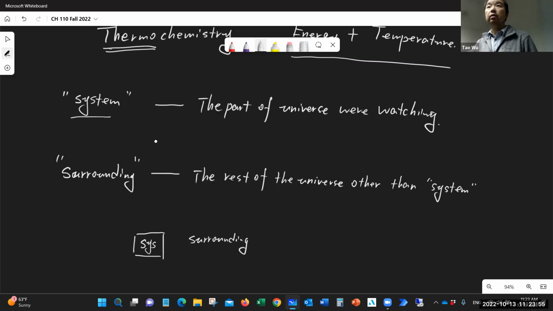The rest is the surrounding. Does it make sense? So the system and surrounding interact with each other. Here is the definition of the system.